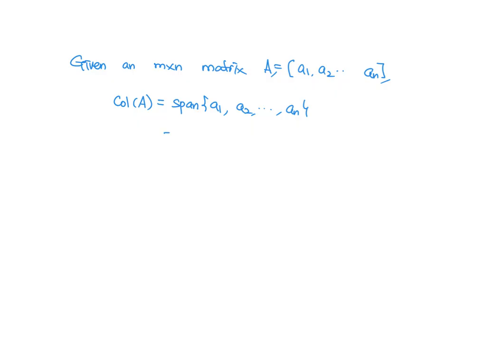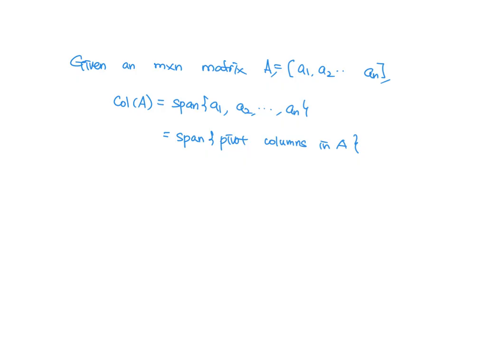So this will be generated by the span of the pivot columns, because, as I said, any non-pivot column can be written as a linear combination of the pivot columns. So I can remove those non-pivot columns when I generate this column space. And I mentioned that these pivot columns are linearly independent.